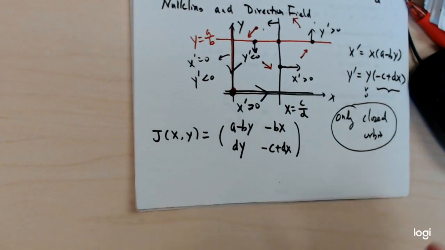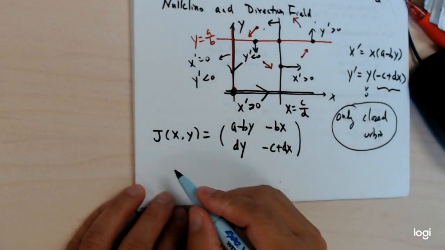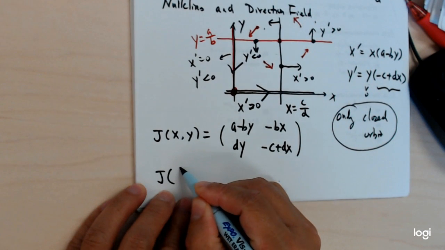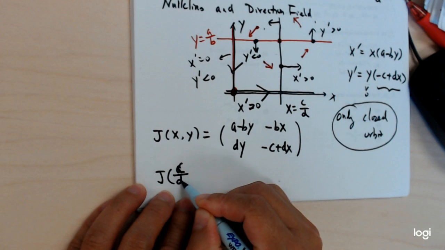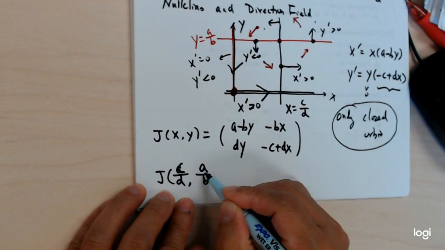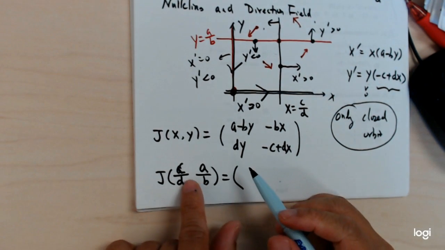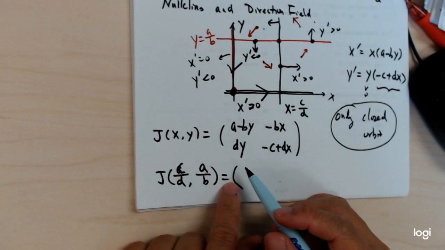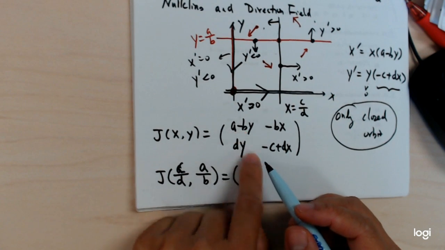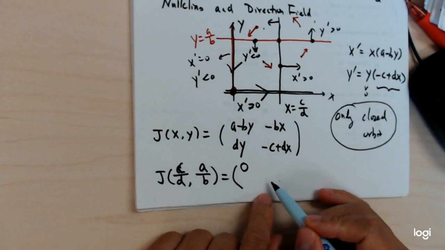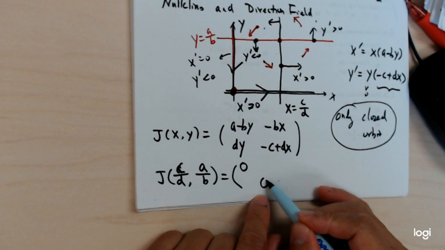Clearly, the most interesting point here is the positive equilibrium. So I like to plug that into the Jacobian matrix, where x is c over d and y is a over b. You plug that in, this term turns out to be 0. This component is also 0.